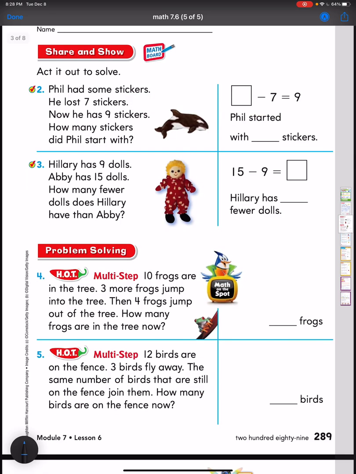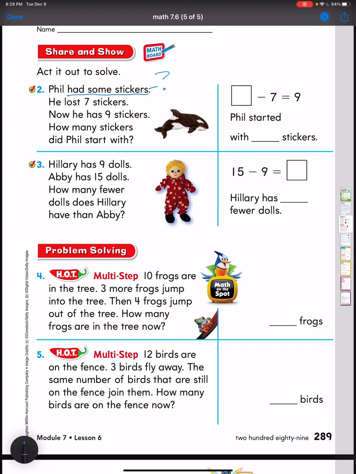All right, so same thing. It says to act it out to solve, but we're virtual, so we are going to stick with drawing it out. Number 2 says Phil had some stickers. He lost 7 stickers. Now he has 9 stickers. How many stickers did Phil start with? It tells us Phil had some stickers. It doesn't tell us how many.